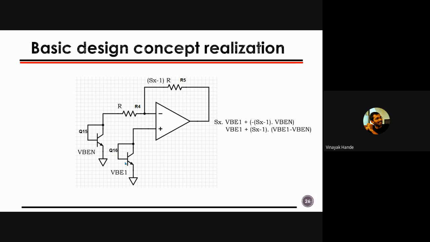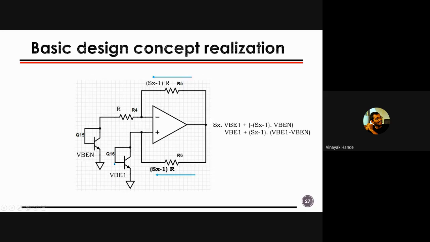Then what can we do, simplest thing, right? Our concern is that the current flowing through Q15 should be the same as Q60. But here current itself is not flowing. So what we can do is connect a similar kind of lower branch to whatever we have done with the upper branch, right?